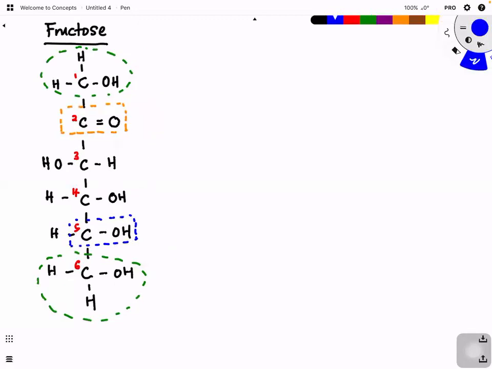Okay, so now let us look at how we can form this molecule. First they need to bend. So this is carbon number 2, carbon number 3, carbon number 4. This is carbon number 5, which connects to carbon number 6. So where's carbon number 1?